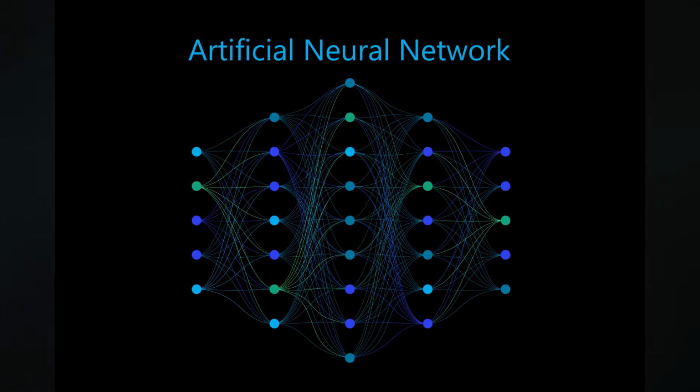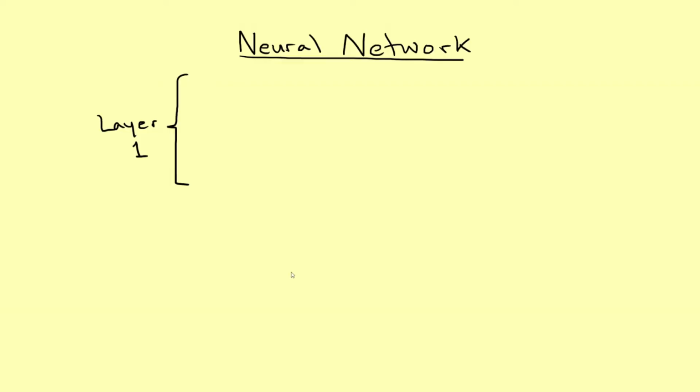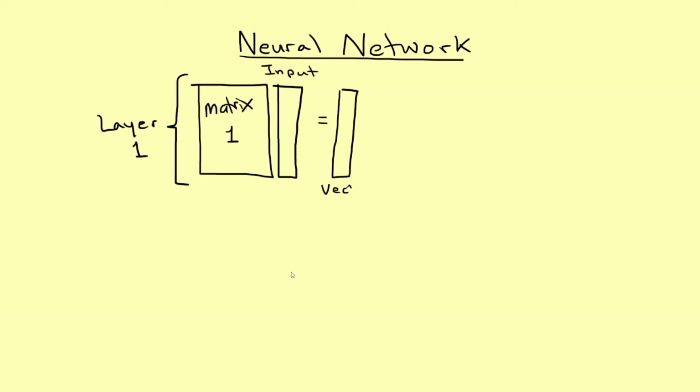Our neural network is going to look like this, and here's how it works. Take an input vector and multiply it by a matrix to get a new vector. Pass each element of this new vector through an activation function that checks if the elements cross some predetermined threshold.